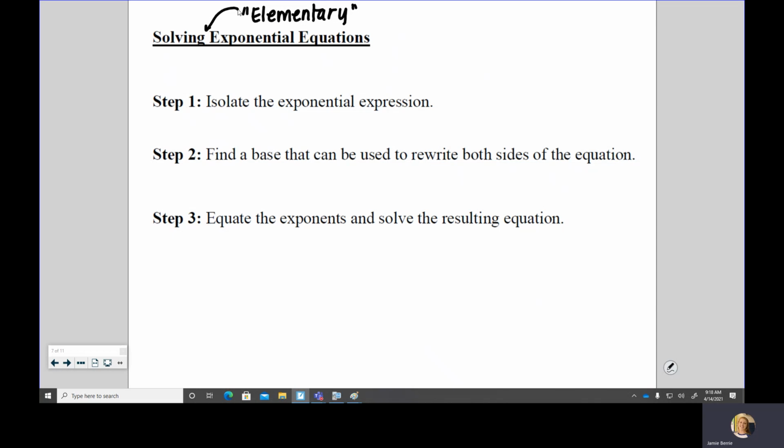So these are the steps for solving elementary exponential equations. There's just 3 steps. It's pretty simple once you get the hang of it, once you do a few examples.